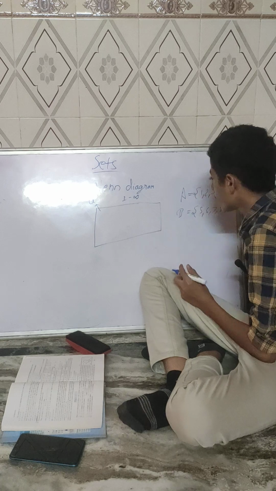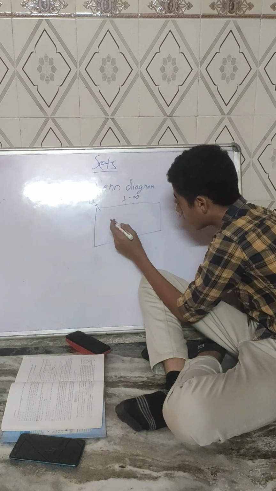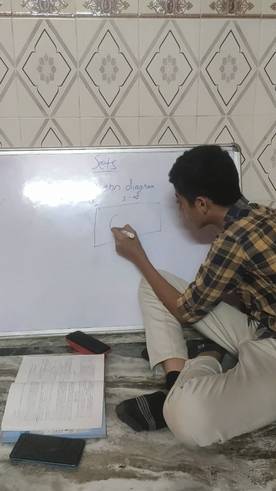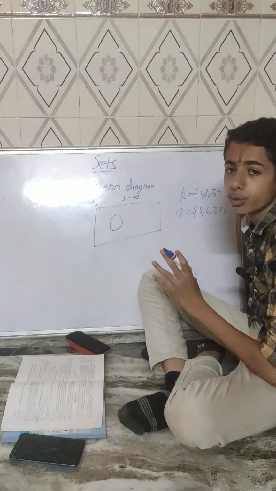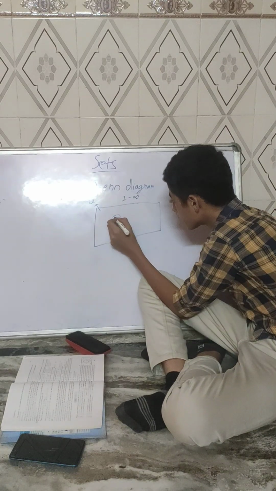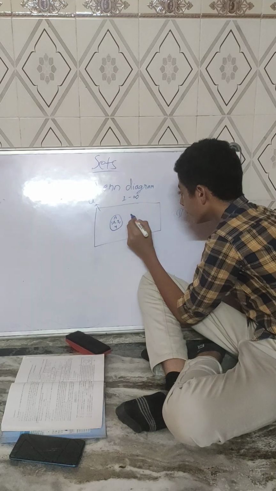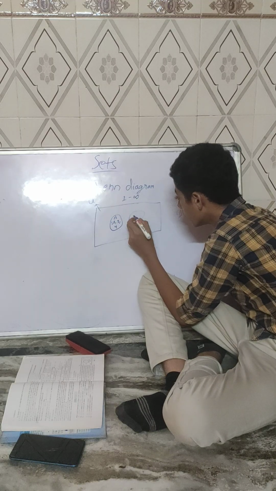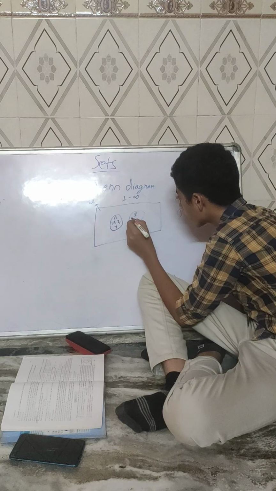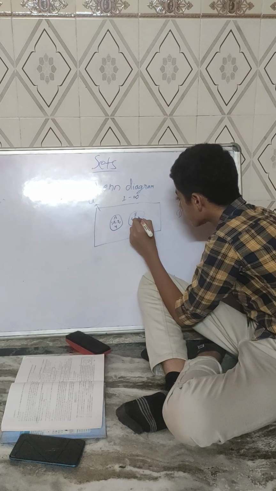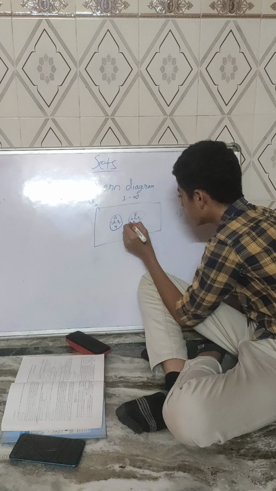If we have to plot them in this rectangle, we will make a circle. In a Venn diagram, we use a circle. This is of set A, which has 1, 2, 3, and 4. Then we will draw another circle, which is set B, which has 5, 6, 7, and 8.